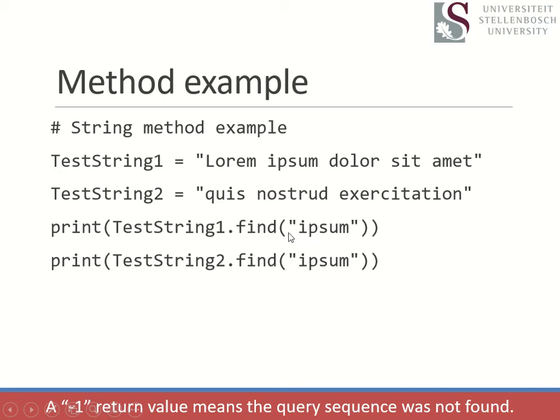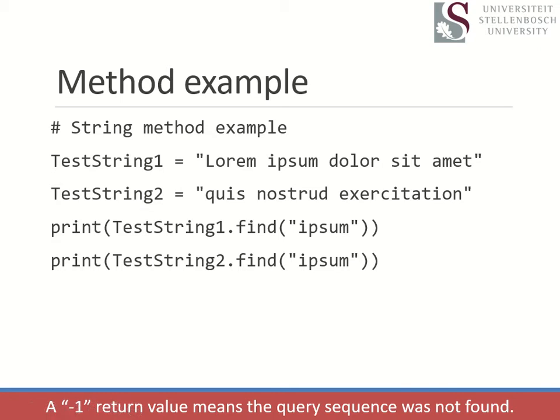So if I run the find method, I'm asking it where in your string is this key found. In this case, I'm providing it the word ipsum, and I'm asking where within lorem ipsum dolor sit amet is ipsum found.